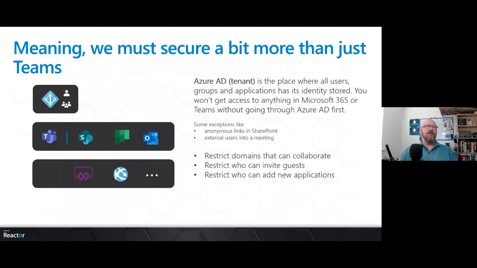So starting off with AD, we talked about access control. So actually securing AD to make sure that your users are protected, but also you can restrict the domains that users can collaborate with. You might know the notion of federation. Federation can be open or closed. In an open federation, you don't have allow lists on either side.